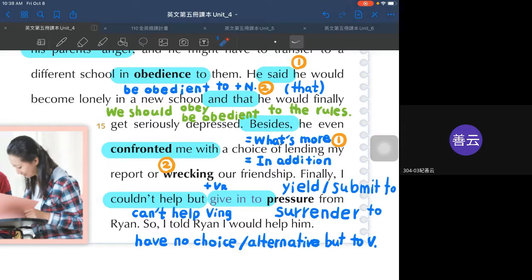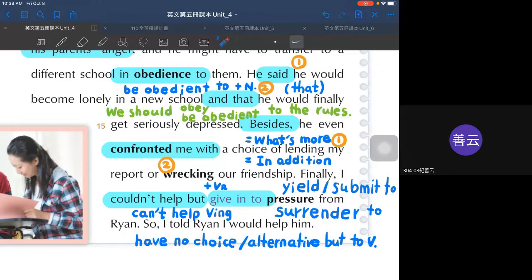Or you can say, I have no alternative but to give into pressure. So you can use can't help but do something, or can't help doing something, or have no choice but to do something, or have no alternative but to do something. So there are some other ways for you to say something like this.